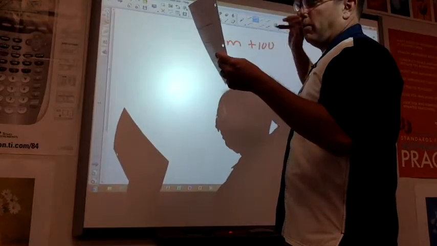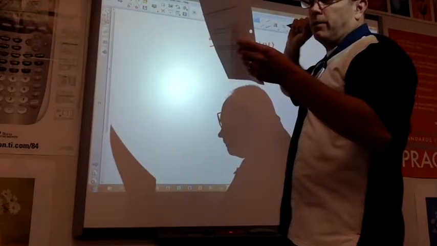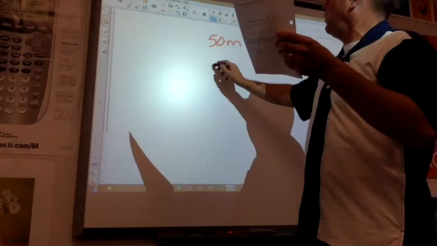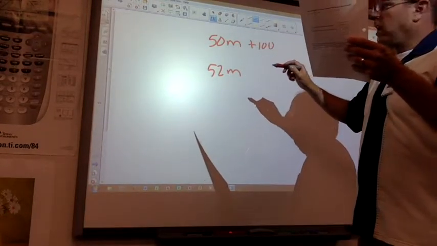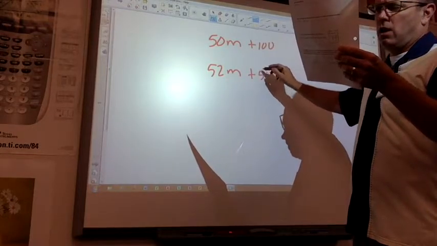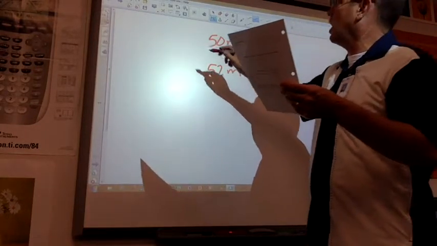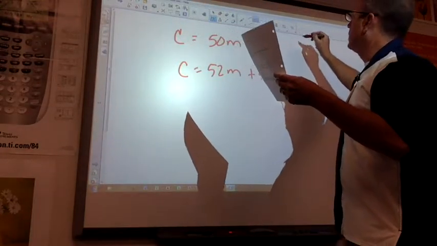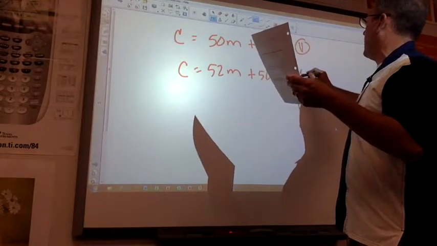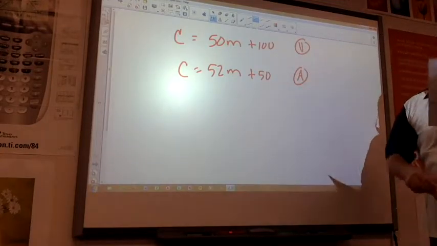You get charged no matter what. AT&T charges $52 per month plus a $50 handling fee. Let C be the cost in dollars. So this was Verizon and this was AT&T.